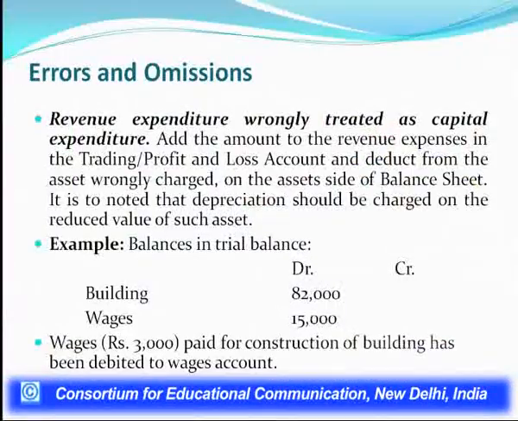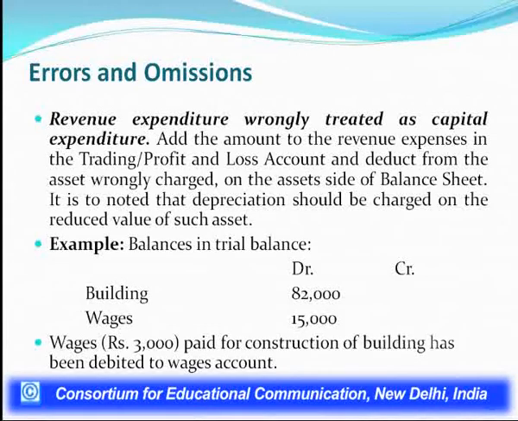So when we show it in the financial statements, on the trading account debit side, we will show wages 15,000 less wages paid for construction of building, so the net wages of rupees 12,000 will be shown. In the balance sheet, the building account on the asset side is 82,000; we will add wages paid for construction of building 3,000, and the balance of the building account will be 85,000.